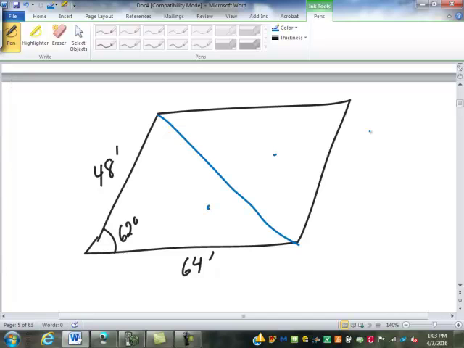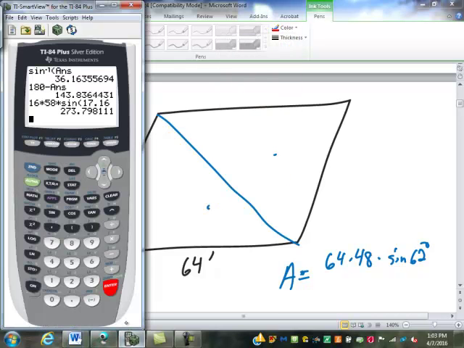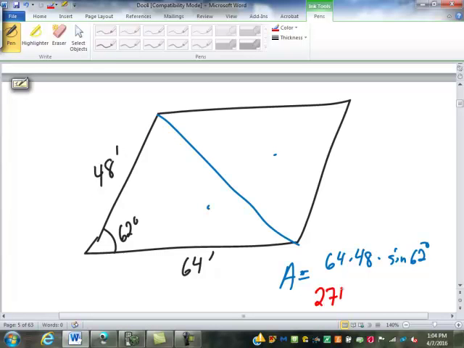So basically, I just don't have to divide by 2. My area here will just be 64 times 48 times the sine of 62 degrees. I would divide by 2 to get the triangle, but I'd multiply by 2 because there's 2 of them. So we'll just save the trouble. 64 times 48 times sine of 62 is 2712.42. That is in square feet.